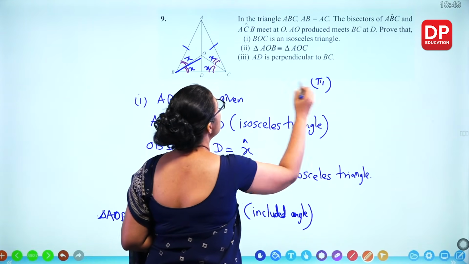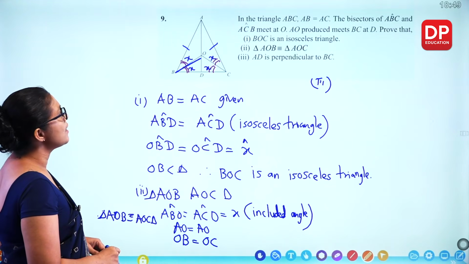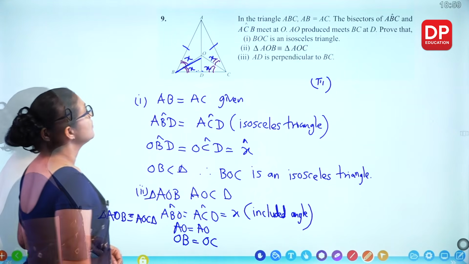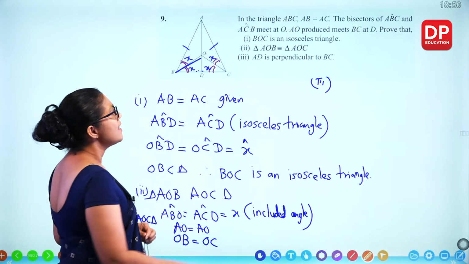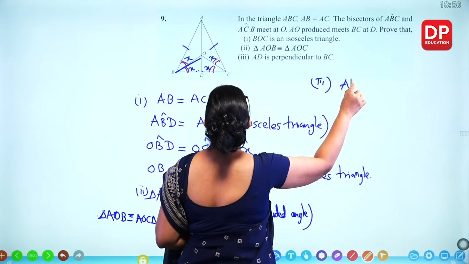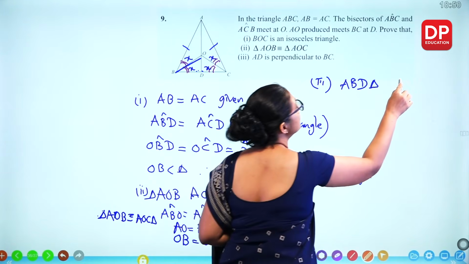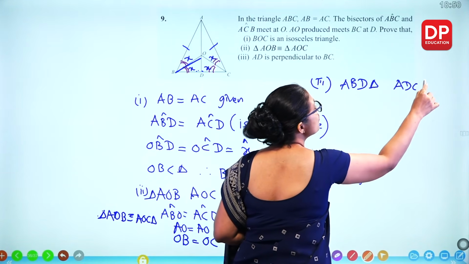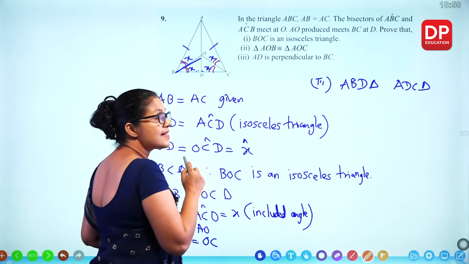Now we'll take the third part. It says show that AD is perpendicular to BC. So here we need to find these two angles are equal. So we'll take the two triangles ABD and ADC and see whether these are congruent.